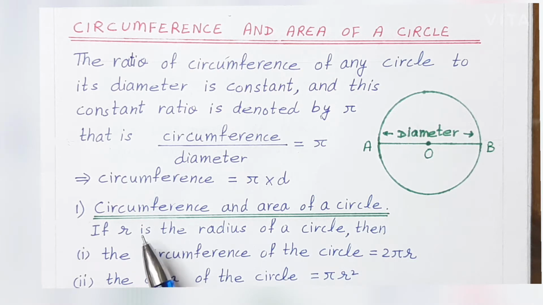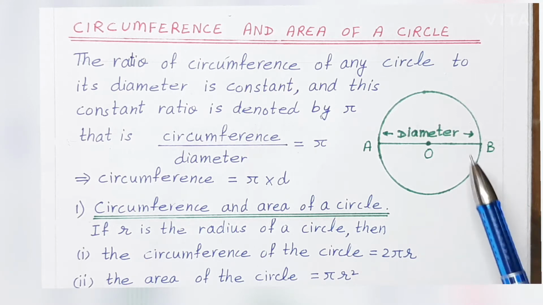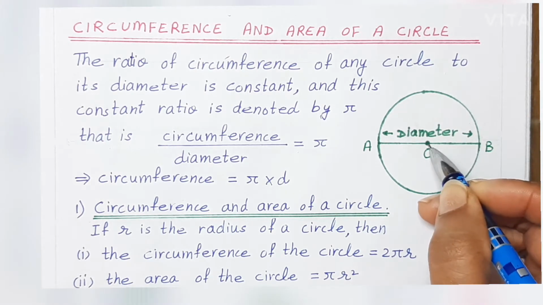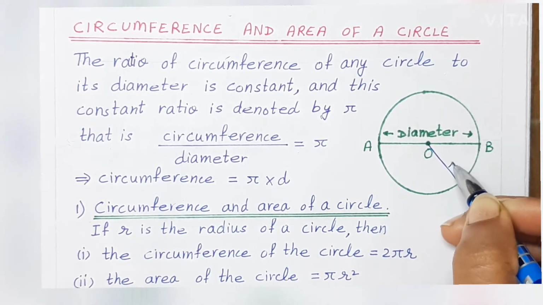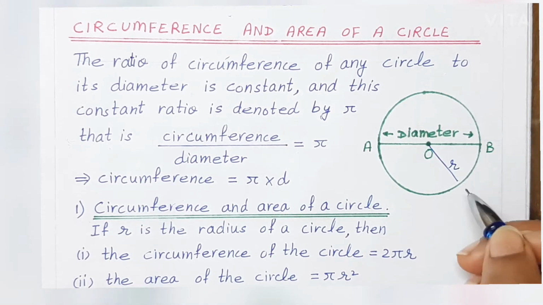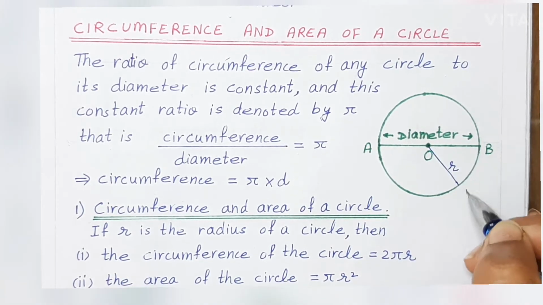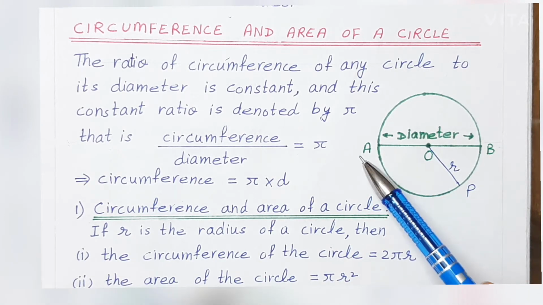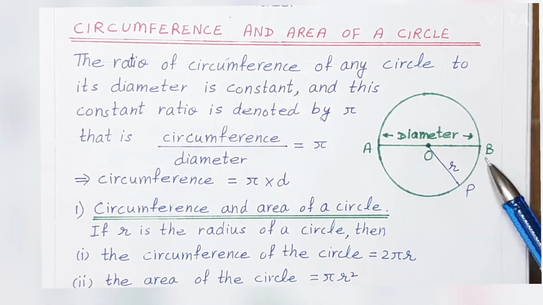Now, circumference and area of a circle. So, how to find? Let r be the radius of the circle. You can say OP is the radius and AB is the diameter.